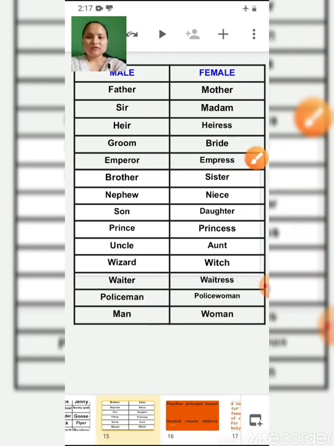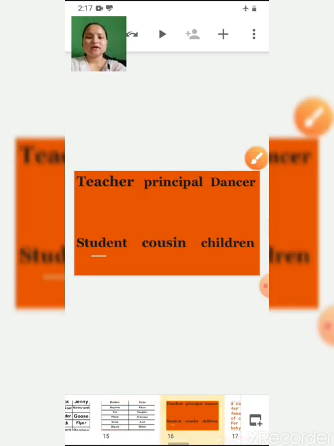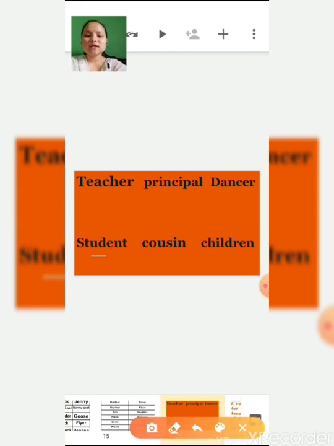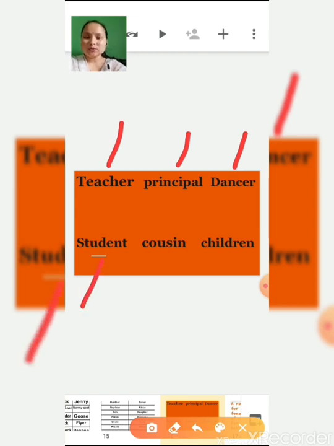So now let's move ahead. Here again you can see some words on your screen. First word is teacher, then second one is principal, then dancer, then student, then cousin, and the last one is children.